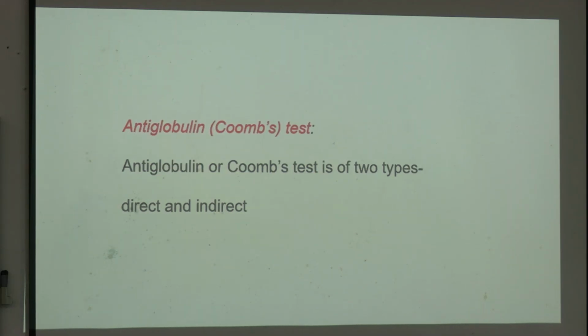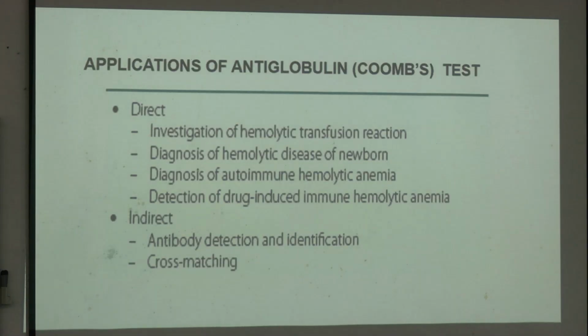So, the antiglobulin test or the Coombs test. Now it is a very important test. It is of two types, direct and indirect. The direct one is used mainly for diagnosis of immune hemolytic anemia, hemolytic transfusion reaction, hemolytic disease of newborn, autoimmune hemolytic anemia, and drug-induced hemolytic anemia.